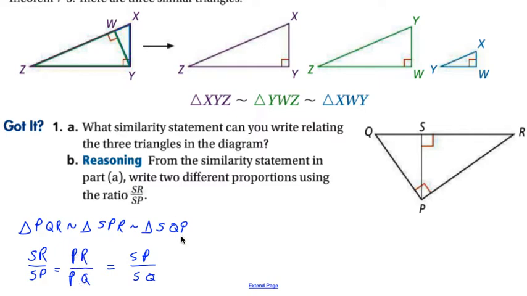We can also say in the third triangle, SR corresponds to SP and SP corresponds to SQ. So those are our extended ratios that we could write involving those 2 segments.